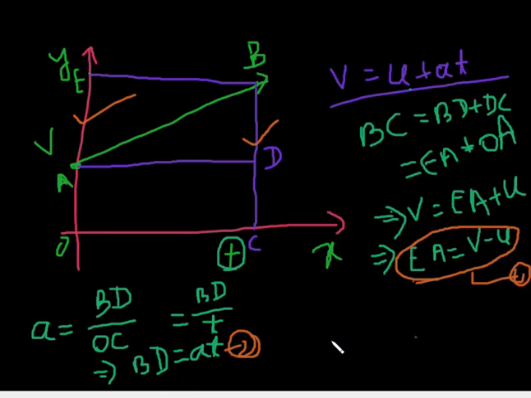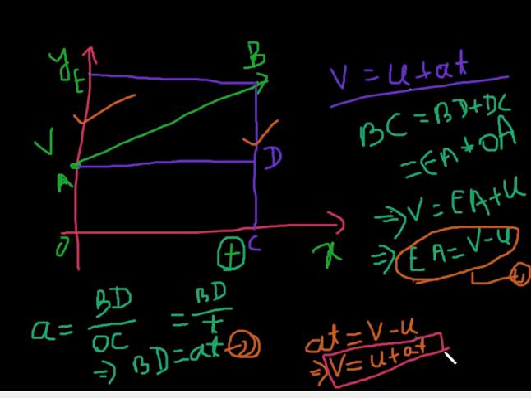So here I can write that a t is equal to V minus U, or it can be written as V is equal to U plus a t. Okay, here we have proved this relation that V is equal to U plus a t.